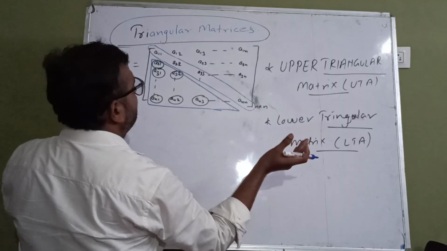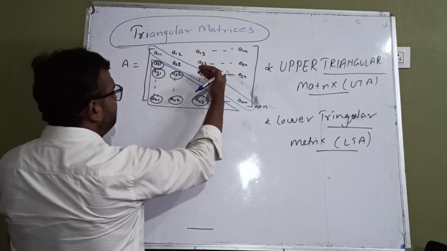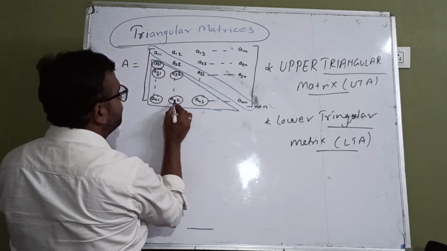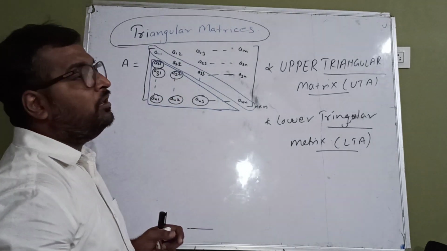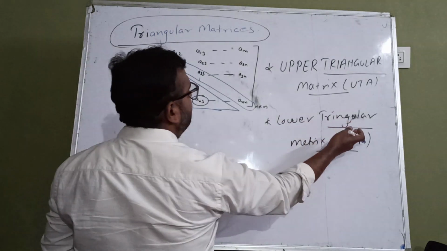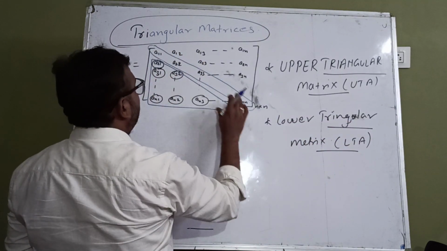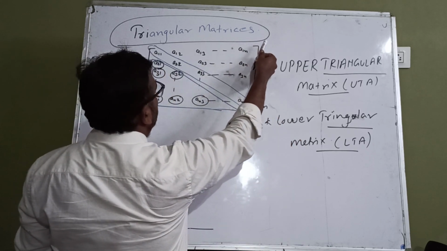So what is the upper triangular matrix? A square matrix in which all the elements below the diagonal elements are 0 is said to be an upper triangular matrix. Clear? What was the definition of the lower triangular matrix? A square matrix in which all the elements above the diagonal elements are 0.